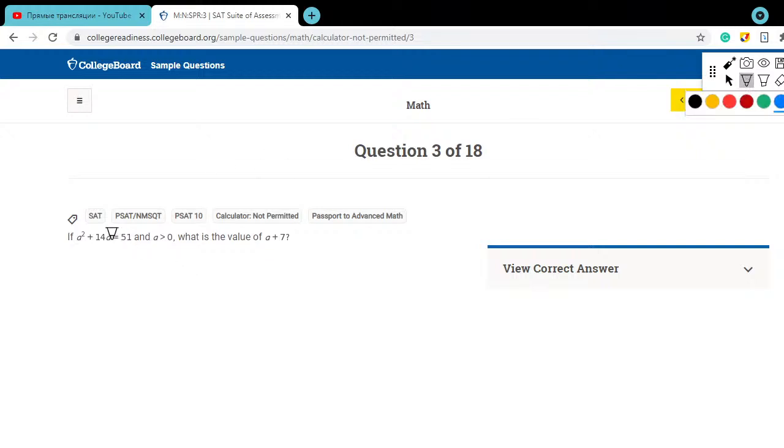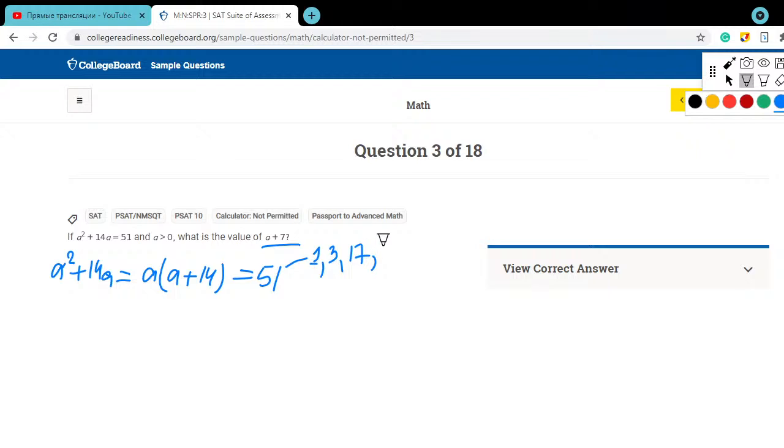If a squared plus 14a equals 51, a is more than 0, what is the value of a plus 7? Let's just write this. This is 51, and 51 is such a number that can be written as a product. So it's 1, it's 3, it's 17, and what else?